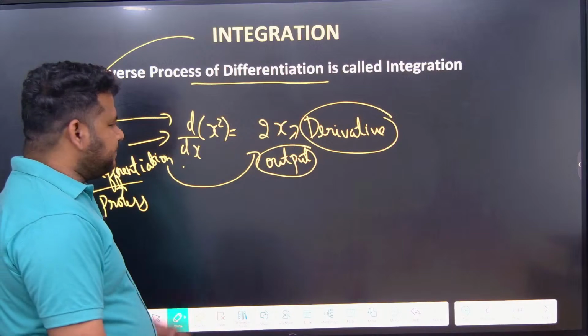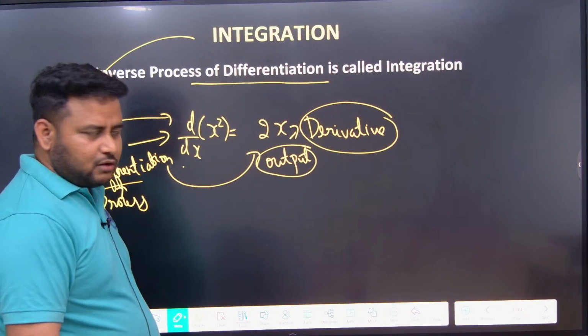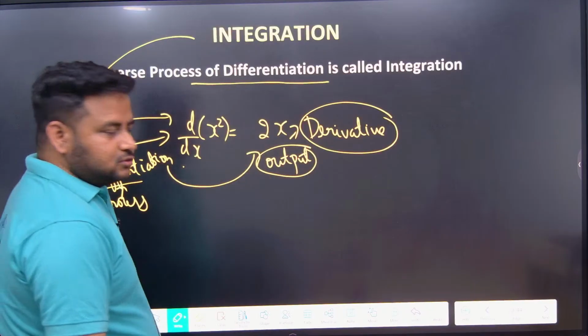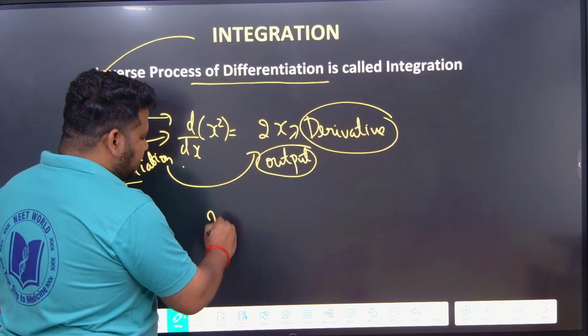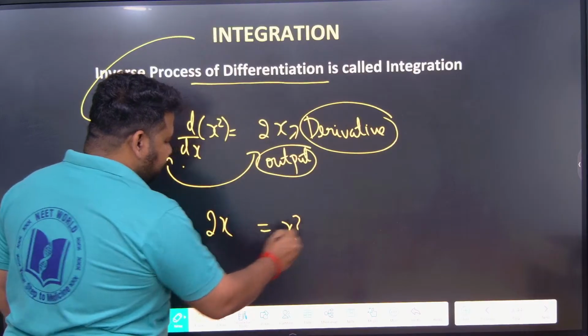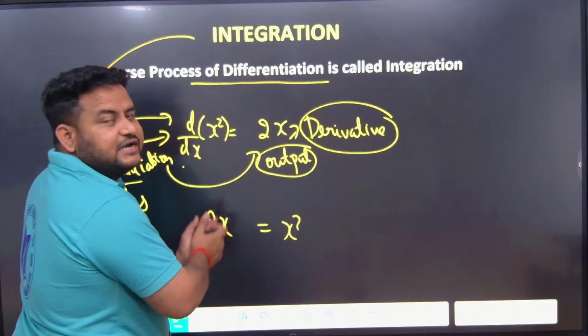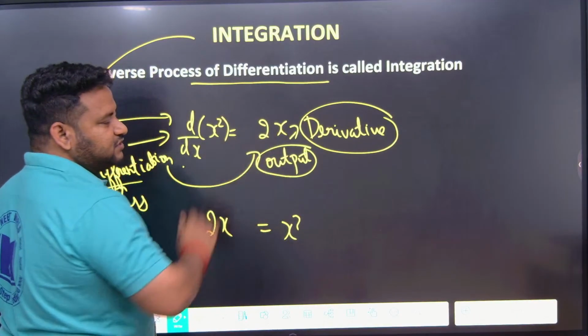Now, the output is the derivative. When you talk about integration, it is a reverse process. So if I integrate 2x, I should get the answer x square. This is called integration. That's why it is the reverse process of differentiation.